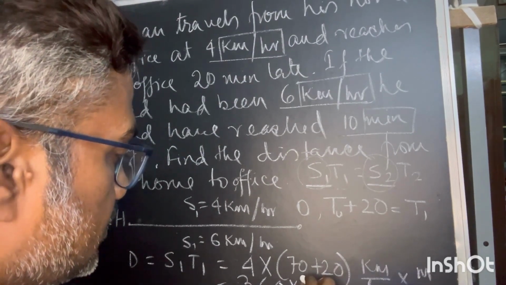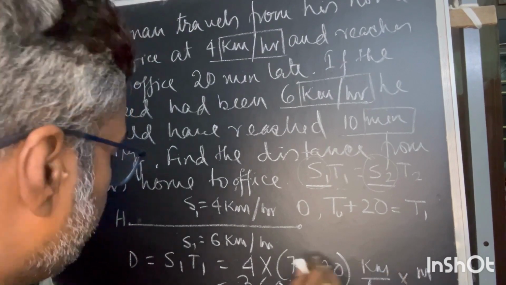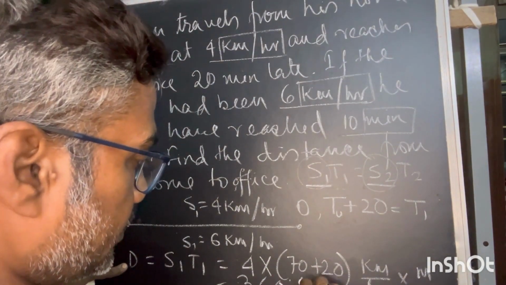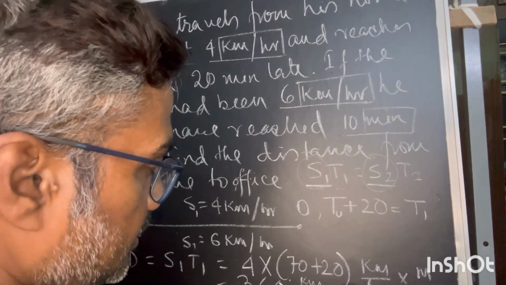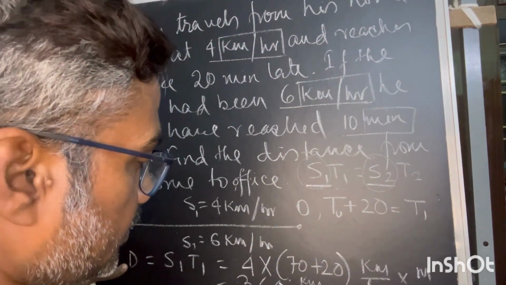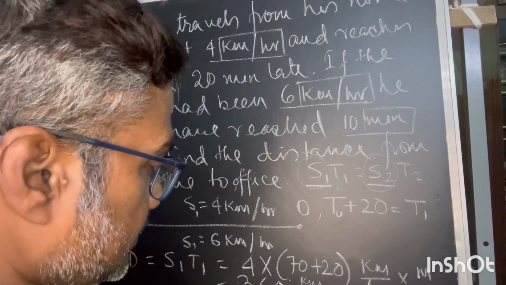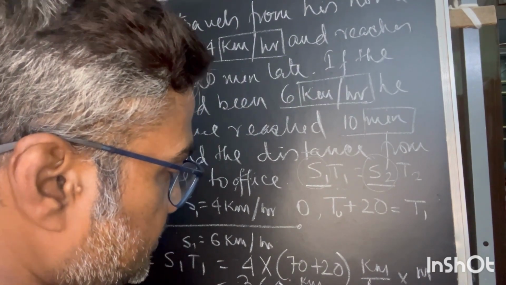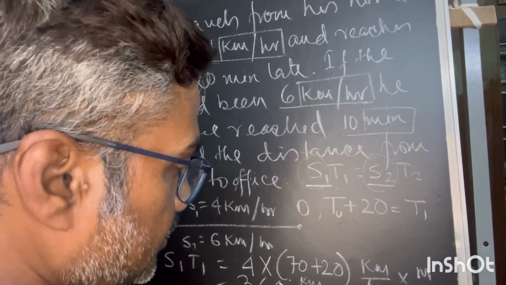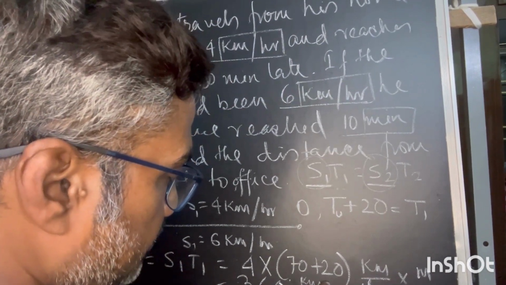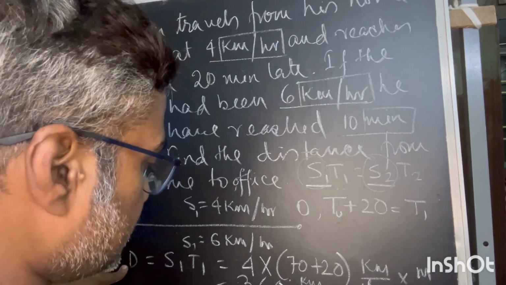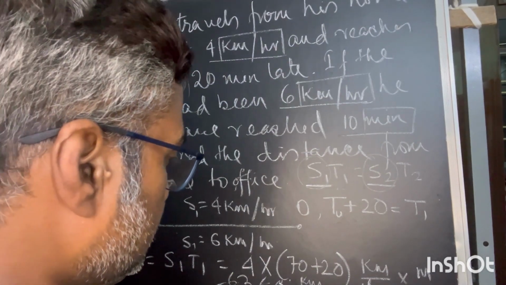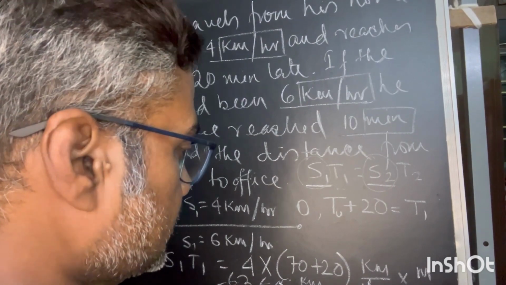I'm keeping kilometer because I need the distance in kilometer. So let it be kilometer, and the time unit is hour over minute. It will be 60 there. So hour will be 60 minute into minute here, so minute will be cancelled out. Only kilometer remains. So this 60 will be calculated numerically, and this will give you 6 kilometer.